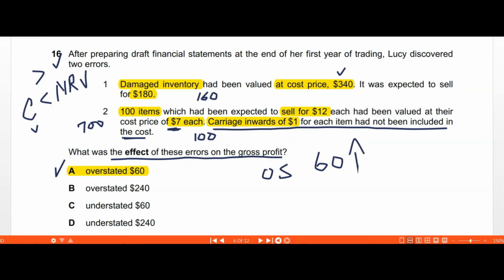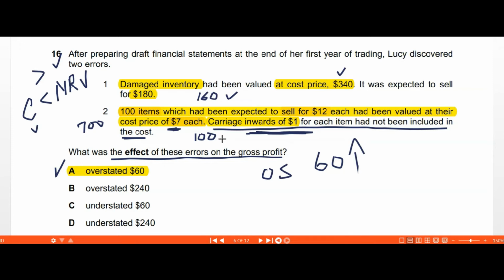So this was a bit confusing question, and this may require a little more time in calculation, but the key is that you read the question carefully. So this part has been done correctly, but the main effect was arising due to these carriage inwards not being included, and this damaged inventory in part 1 was clearly overstating the closing inventory by 160.